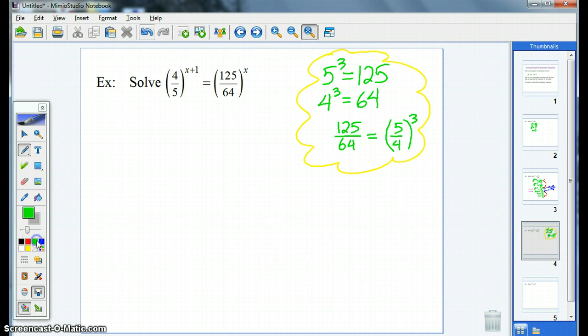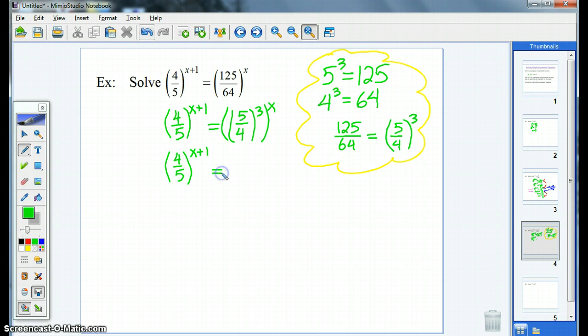That is a piece that you simply are going to have to recognize in order to move forward with this problem. So now, knowing that, I can begin by trying to get the same base on both sides. First, I will rewrite the 125/64 as 5/4 cubed. All of that, of course, is then raised to the x power. Knowing my properties of exponents will take me 2 more steps with this. First of all, to get the same base, I clearly have to flip over the 5/4 and get it to be a 4/5. I accomplish that by using a negative exponent.